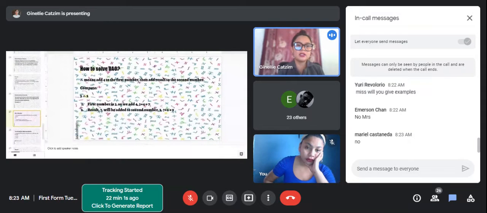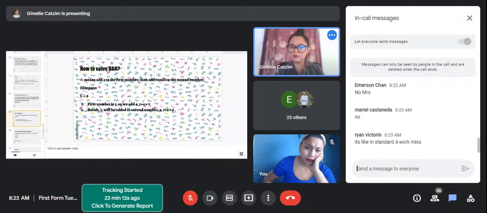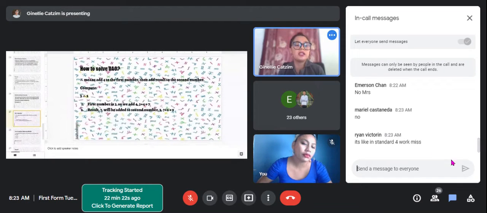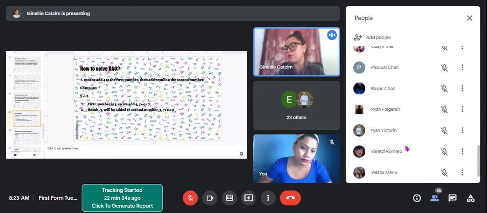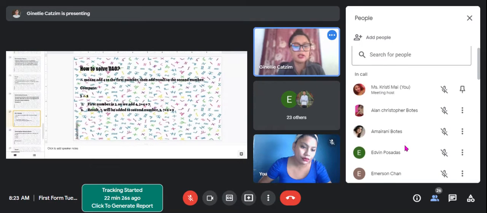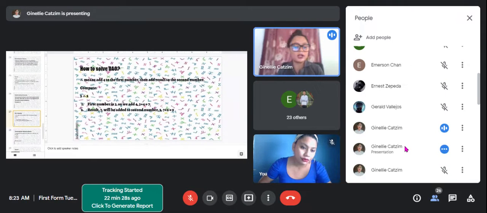Let me take a look. Ryan says it's like standard 4 work, miss. We cannot say that. Why? Because there are still some students that need help with this. Although some of them might not say it, many students have little struggles with mathematics.